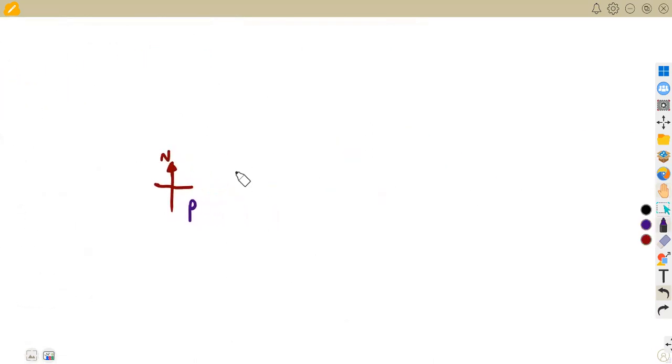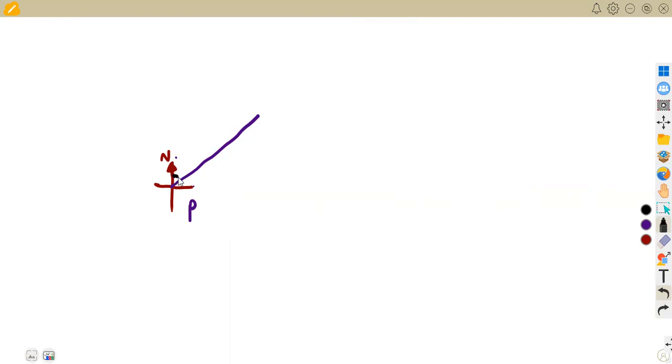Meaning from the North Pole going in the clockwise direction, that is how you take your bearing. So 45 degrees, we just expect to be in between 0 and 90. Remember, this is 90 degrees. So we expect this to be somewhere here in between. So that is what you're going to have, which is 45 degrees.